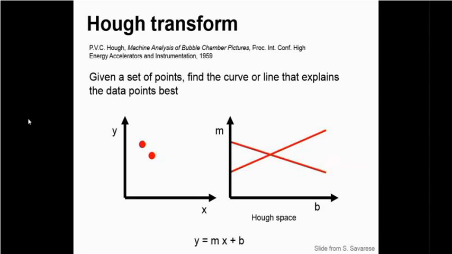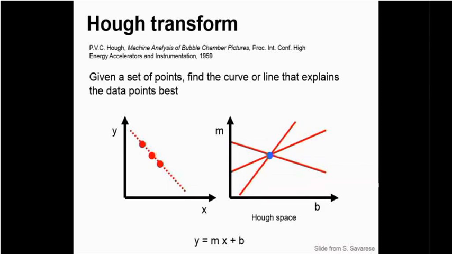But note that the set of possible parameters that pass through this point and the set that pass through this point intersect at just one point, which corresponds to the line that passes through both of them. As I get more points, I can keep accumulating the sets of parameters that agree with each point, and then find the parameters that the most points agree with.